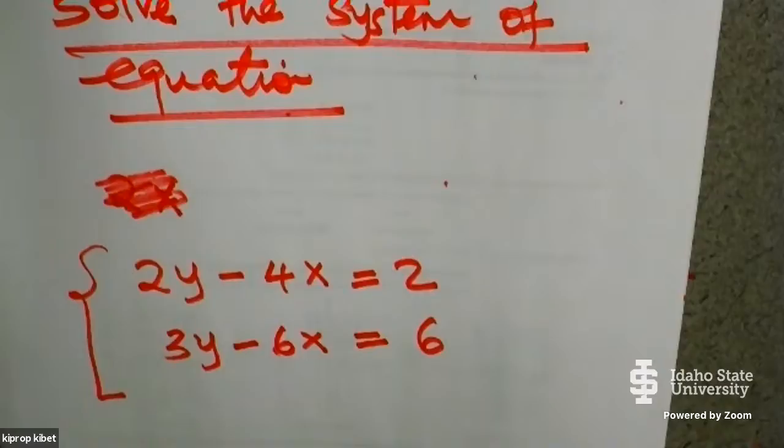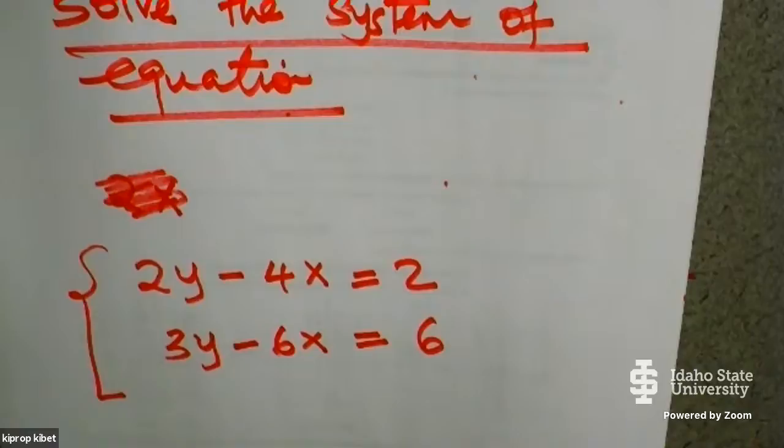So you take minus 4 to the other side, and then you divide by 2. What do you get in the gradient? You get y equals 2x plus 1. Then you take minus 6 to the other side, and then you divide by 3.